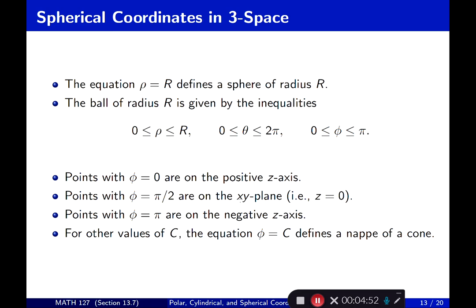So different phis can give you completely different stories. Points with phi equal to pi are on the negative z-axis. And for all the other values of c between 0 and pi, other than pi over 2, phi equal to c defines a nappe of a cone.